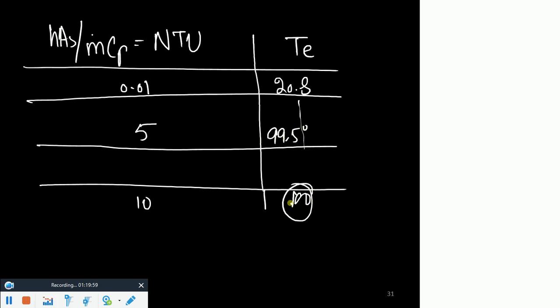For example, if your Ts is 100, your Te would approach 99.5, where NTU is 5. Okay, the point is, if your NTU is 5, you approach a maximum, you kind of approach the value of Ts.